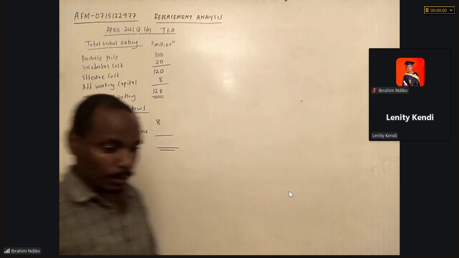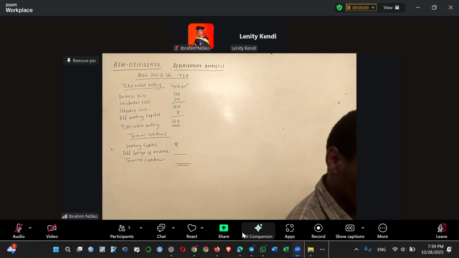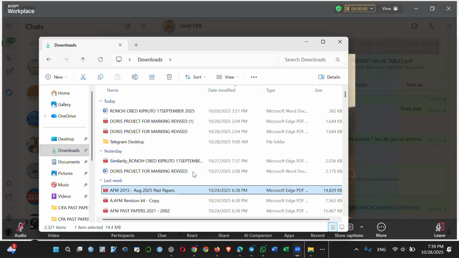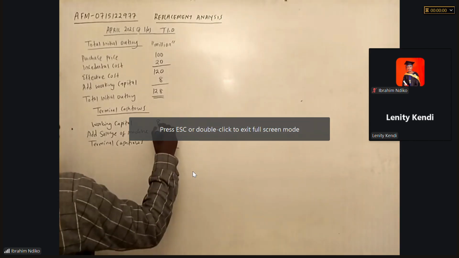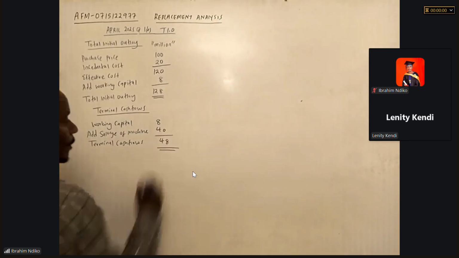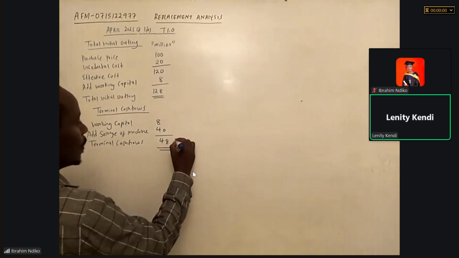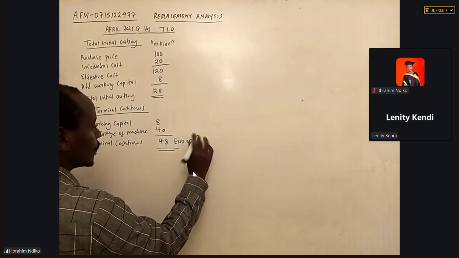The salvage value is the value of the machine at the end of the useful life, sivyo? So the machine can be sold at how much? 40 million. So that is the salvage value of that machine. Remember, it is at the end of year 5. You need to be very keen on year 5, sivyo?